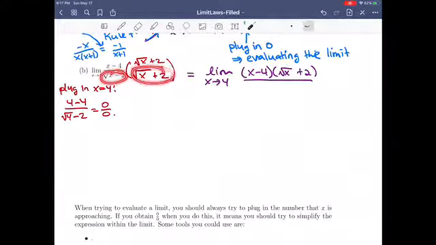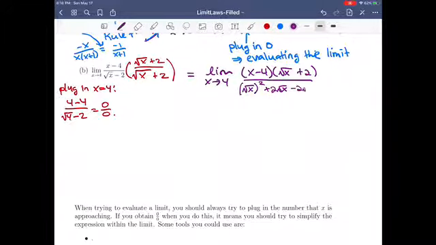Now, this is a difference of squares, so you could just know what it expands as. If you don't, I'll write it out here. So square root x times square root x, plus 2 root x minus 2 root x, and then it's going to be minus 4.